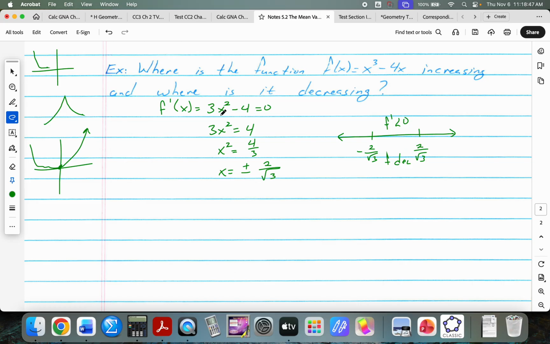Substituting 2 into this, 2 squared is 4, times 3 is 12, minus 4 is 8. Here f prime is positive, so f is increasing. And likewise, if I substituted in -2, I still get a positive 8 for the derivative. So here f prime is also positive, so f is increasing.